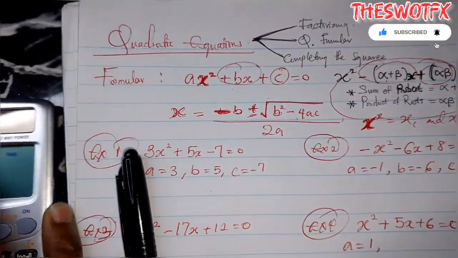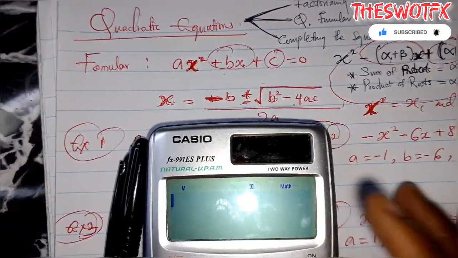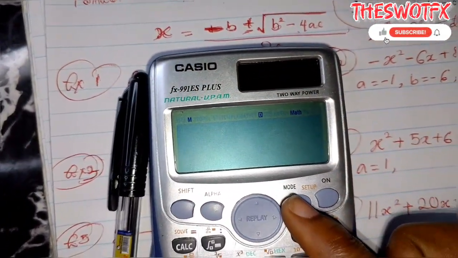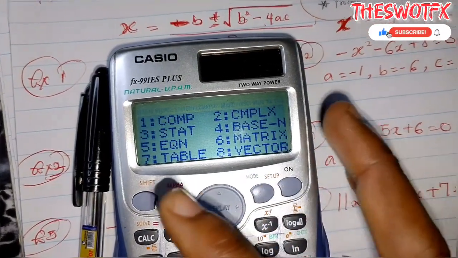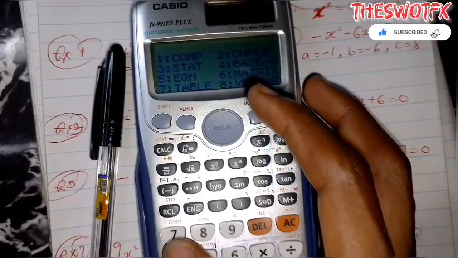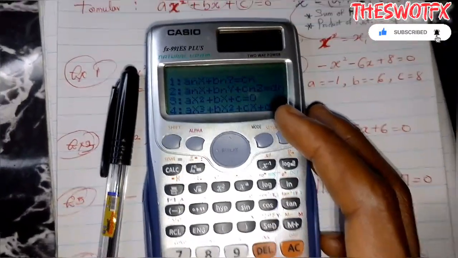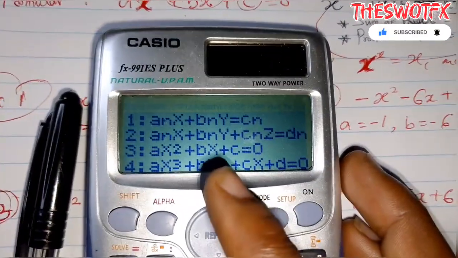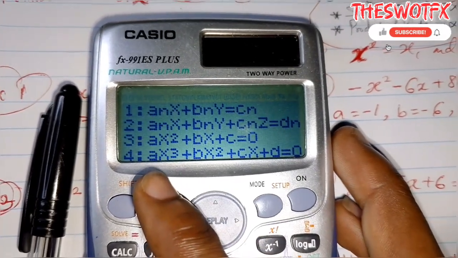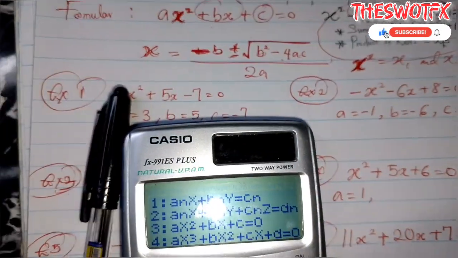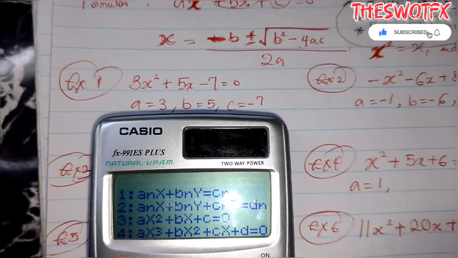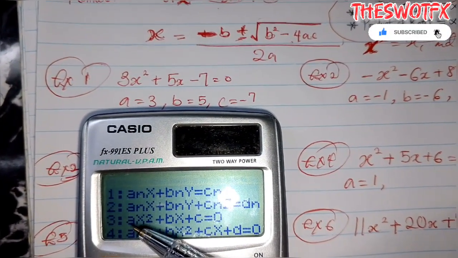Now, straight up, how to solve using the calculator. The first thing to do is to press the mode button, then press number 5. On number 5, we have options 1 to 4. The one that looks like our question is number 3.